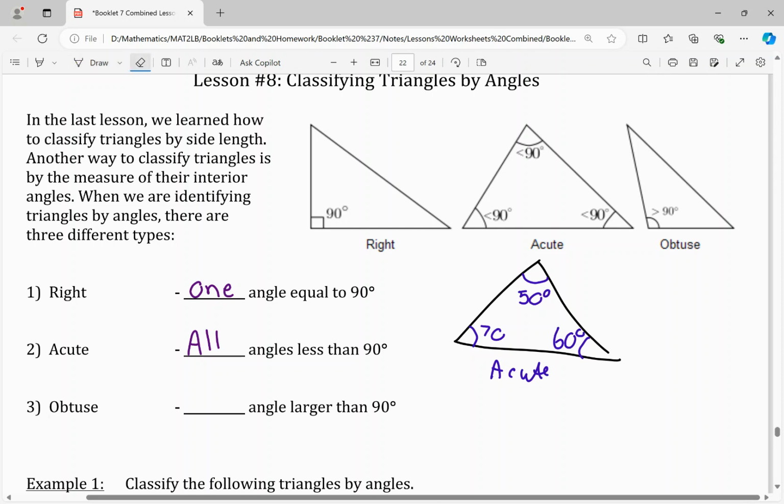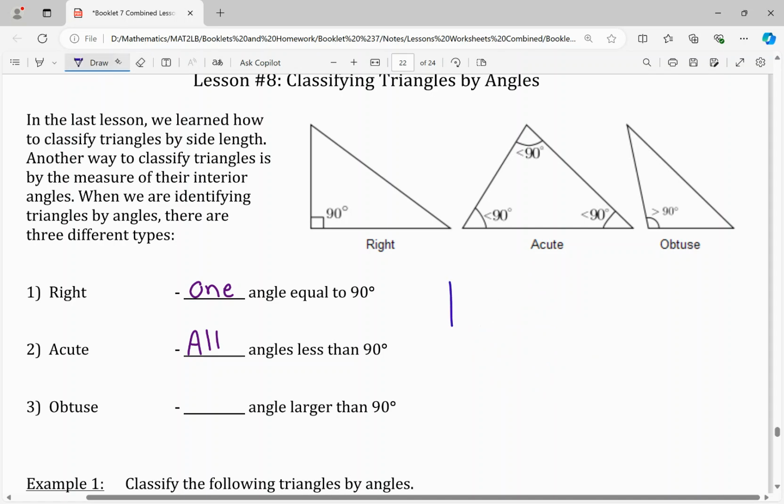Now, an obtuse triangle is when one angle is larger than 90 degrees. Exactly one. Now, it's actually impossible to have a triangle with more than one angle that's larger than 90 degrees.